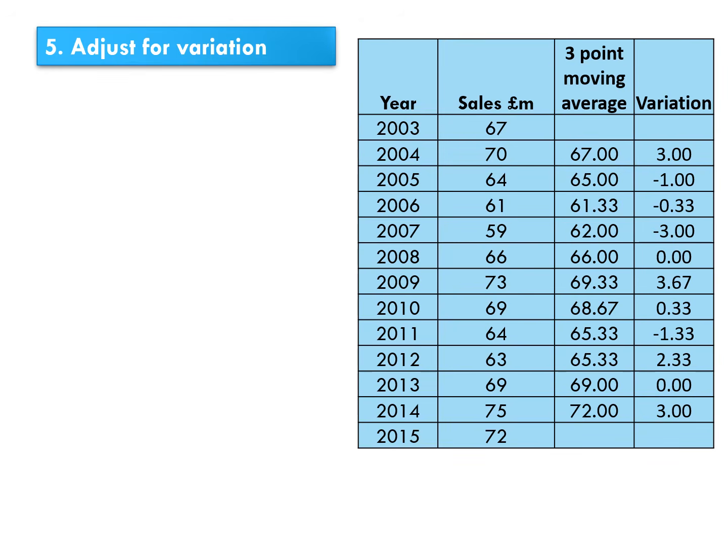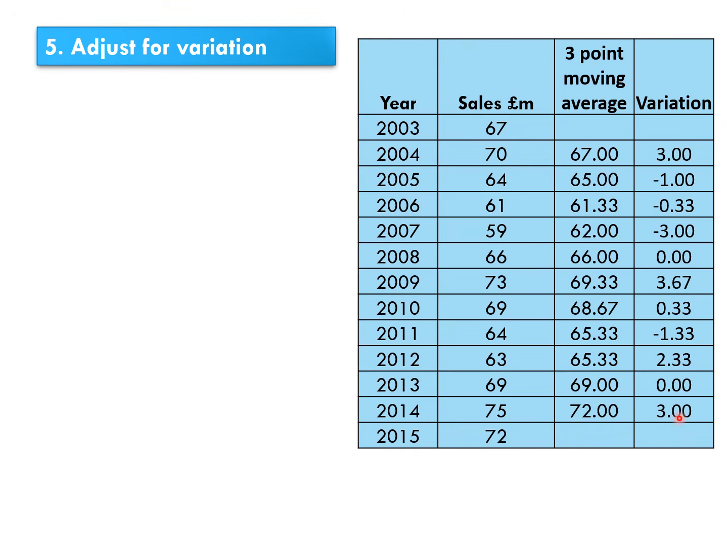And so what I need to do is adjust for this variation. So here's a very good example on the right hand side. Here are my actual sales figures. Here's my 3-point moving average, my kind of smoothed out version. And I can see here there is a variation, there is a difference between the actual sales figure and the 3-point moving average.